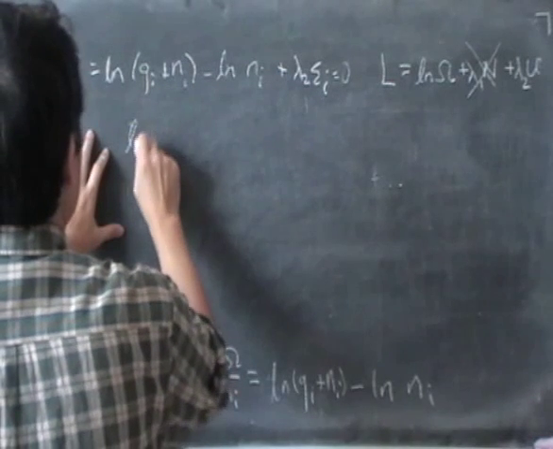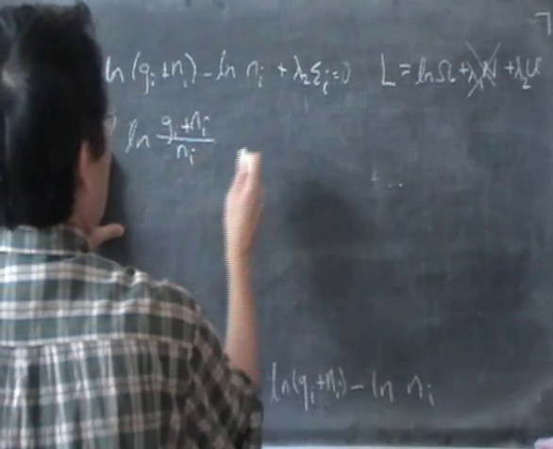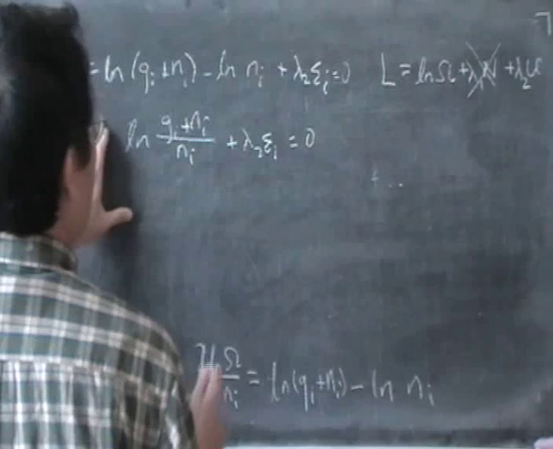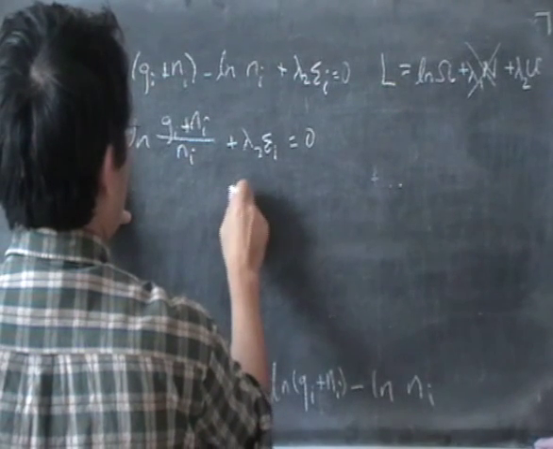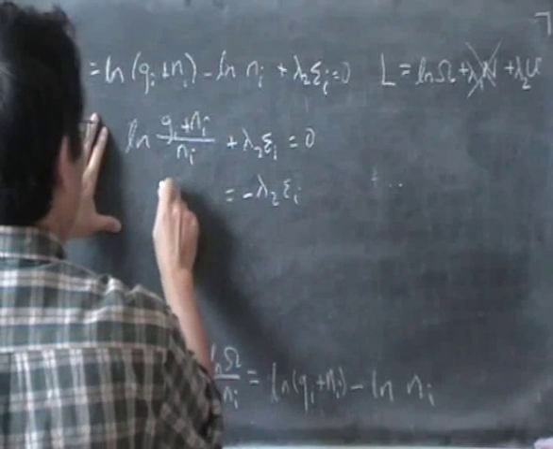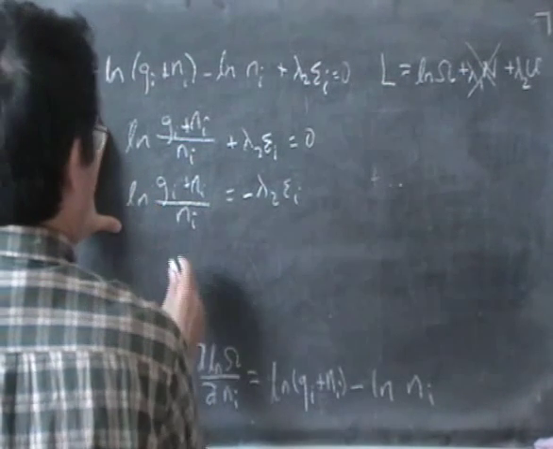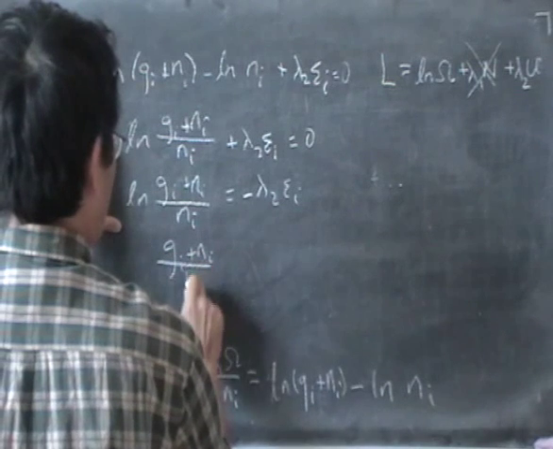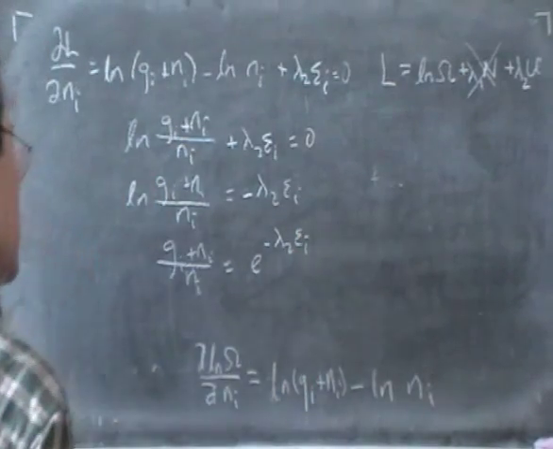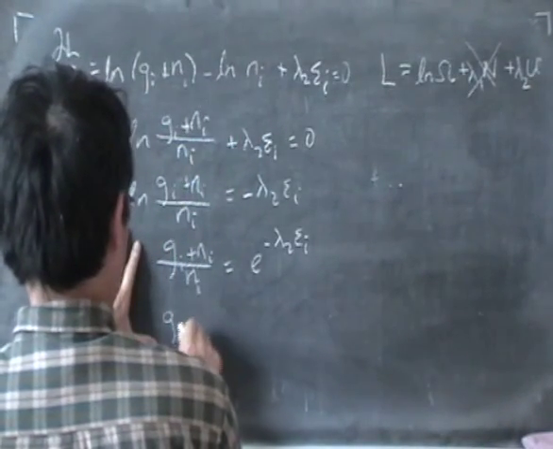So let me bring the two together. Log of gi plus ni over ni equals minus lambda 2 ei. Bring that over. Invert the log. Okay, rearrange.